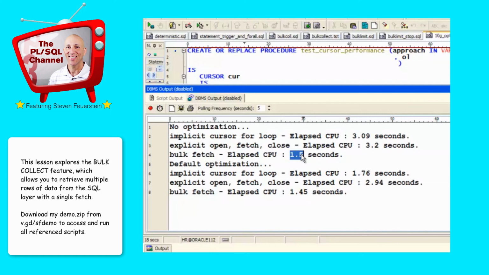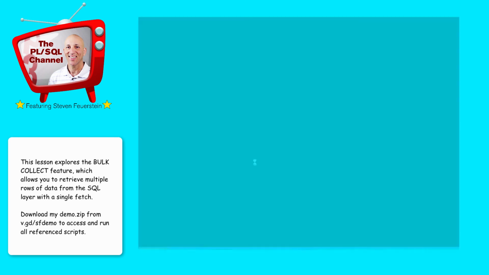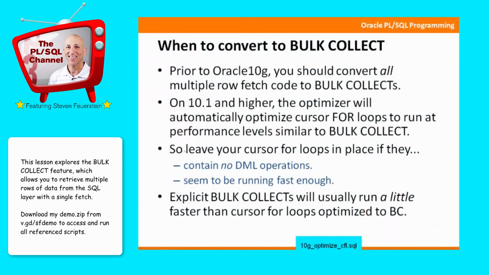But still, using bulk collect, or in this case an implicit cursor for loop, will give you a significant boost in performance. And the point to keep in mind here is that if you're on 10G and higher, you do not have to convert your cursor for loops to bulk collect if they do not contain DML operations and if they seem to be running fast enough.